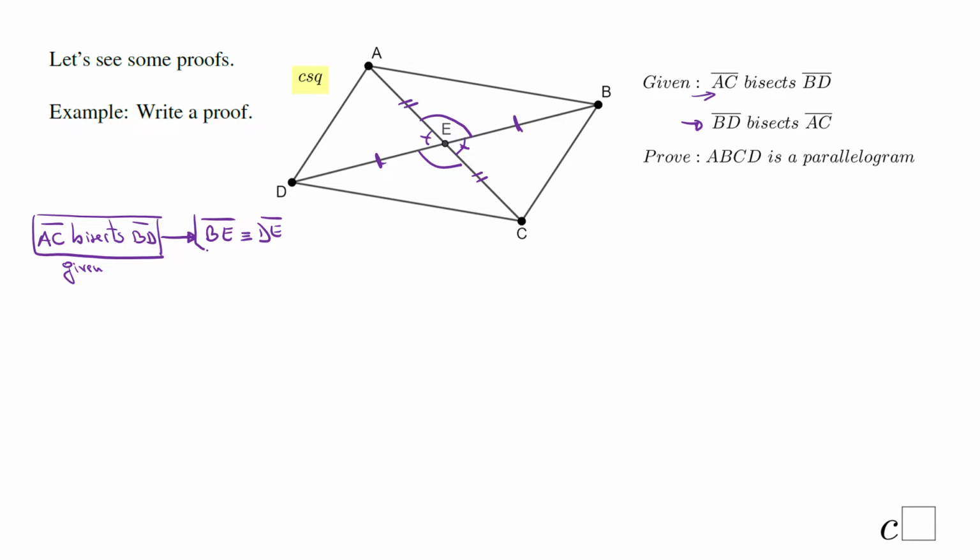And what's the reason for this statement? It's the definition of bisecting, right? Or bisector. Okay, I'm going to say something very similar about the second statement, BD bisects AC, which is also given.